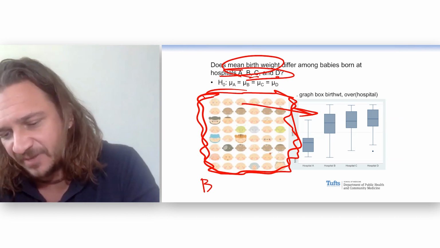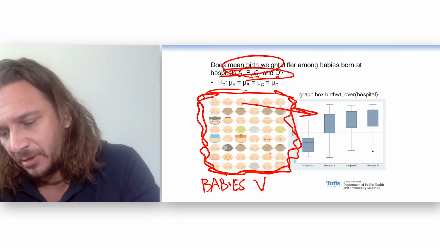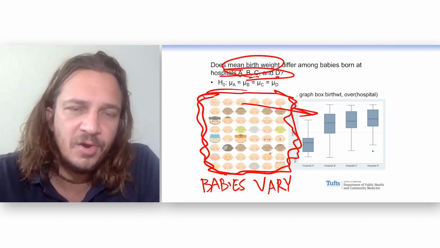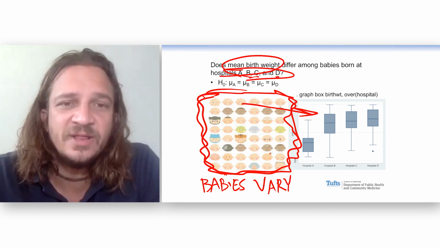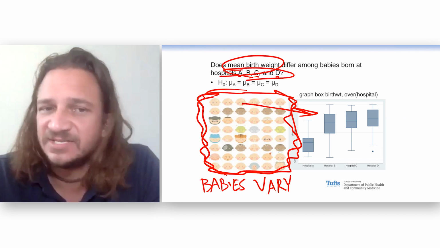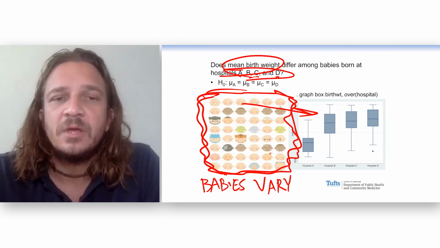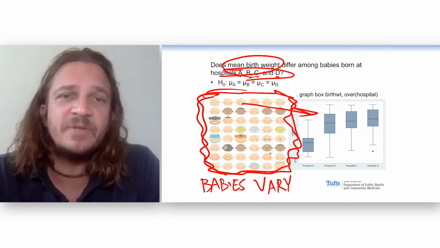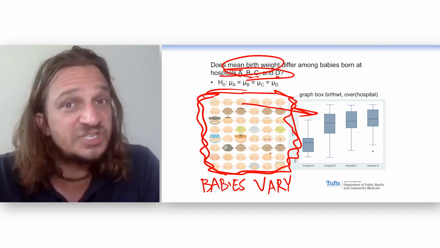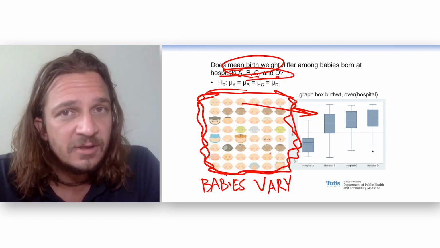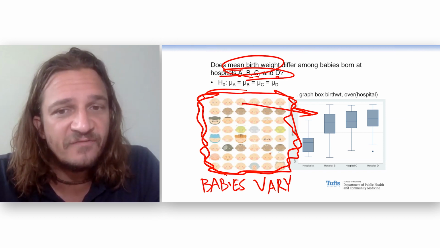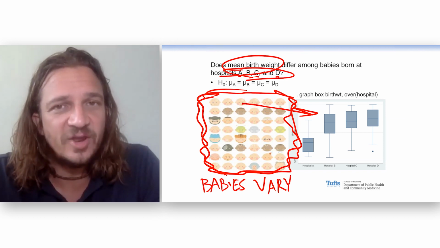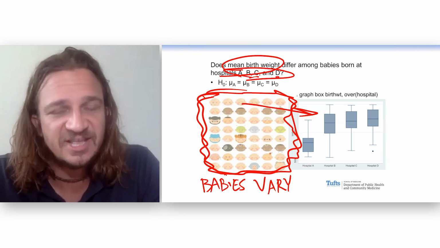I think you would write something like, babies vary. There's differences between them. Not every baby is the same. And ANOVA says that variability between the babies, can we explain it by looking at some other factor? And that's why it's called a one-factor analysis of the variance.